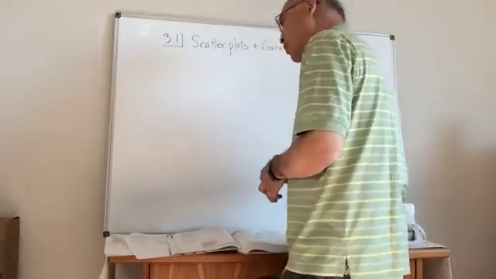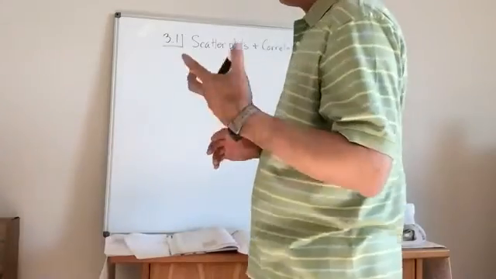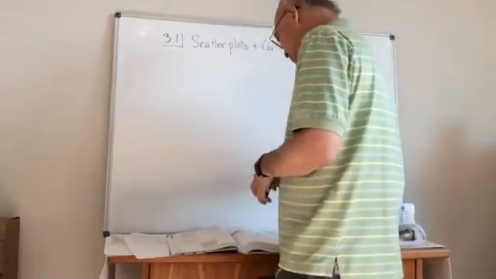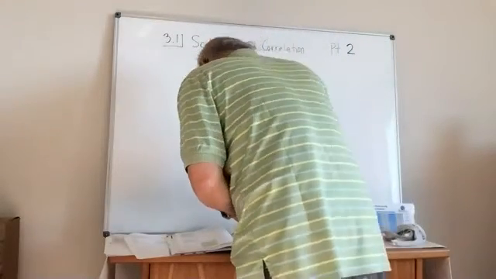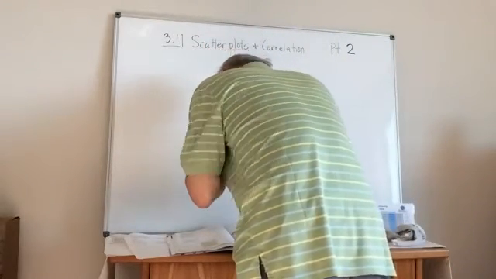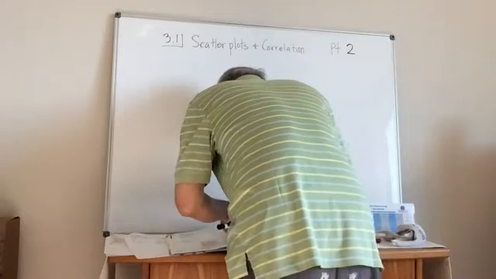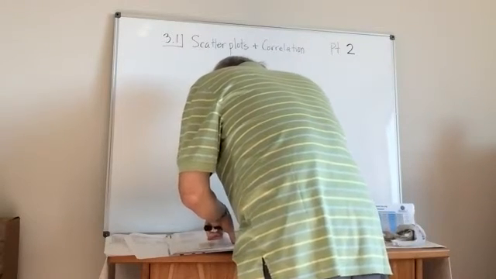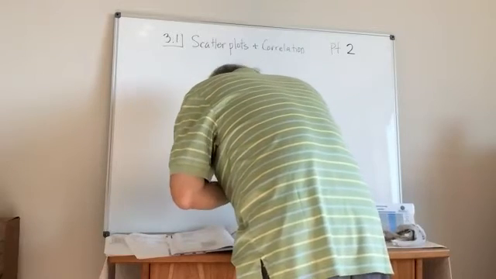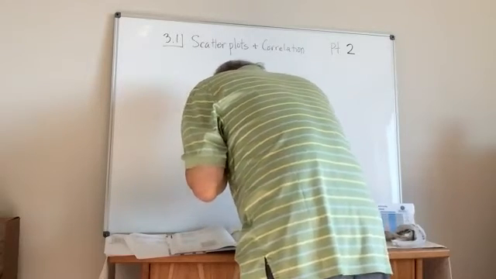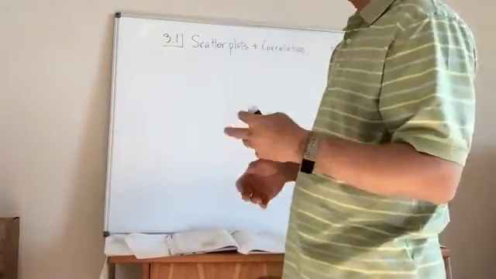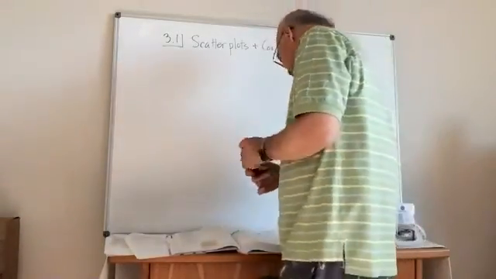In other words, R does not automatically mean it's linear. So correlation does not measure form. That's why the second one says correlation should be only used to describe linear relationships. So that's why we're only going to use correlation for linear relationships.